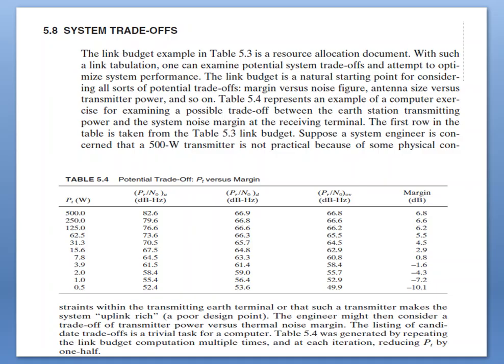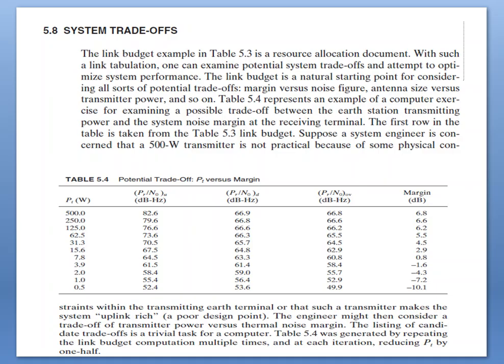Suppose a system engineer concludes a 500 watt transmitter is not practical because of some physical constraints with the transmitting earth terminal, or such a transmitter makes the system uplink limited. The engineer must consider the trade-off of transmitting power versus thermal noise margin.